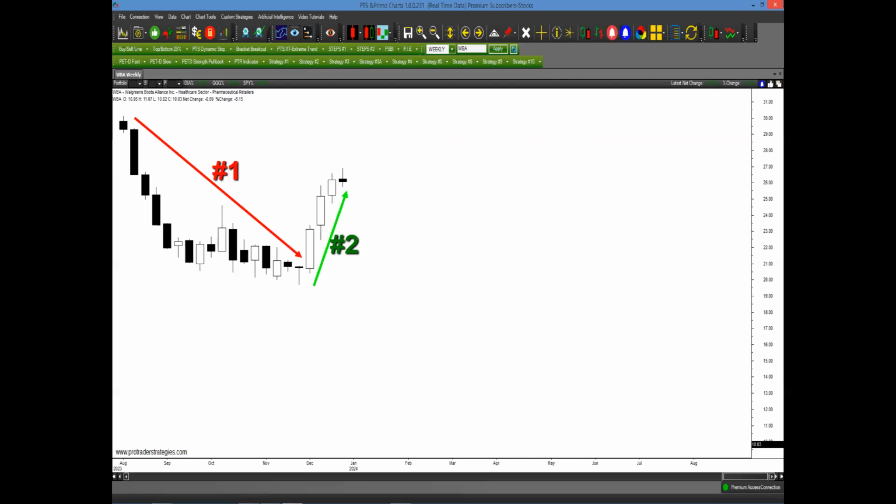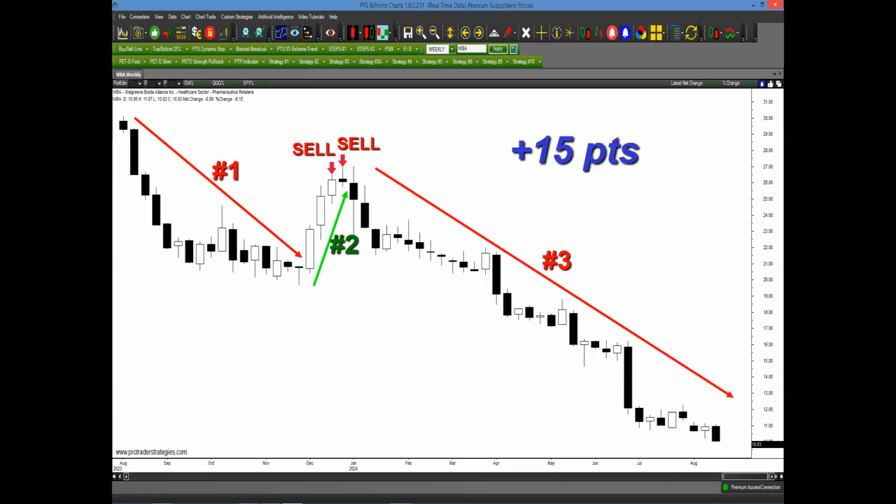You want to look at this as a selling opportunity, not a buying opportunity. I even got confused myself. So you would have seen here that you had two selling opportunities to take advantage of before it fell 15 points. Okay. Now this was a weekly chart.